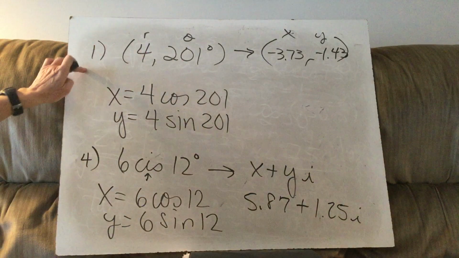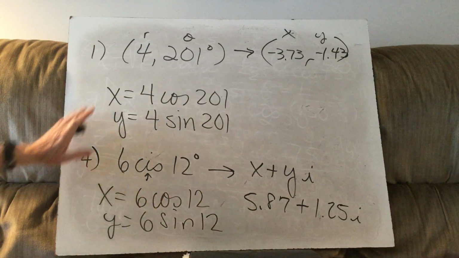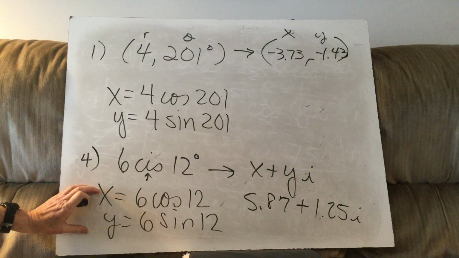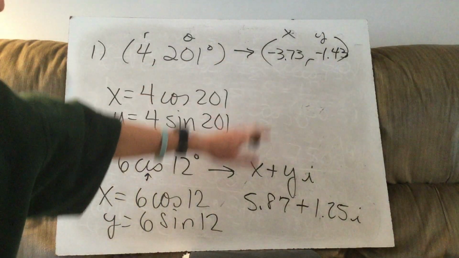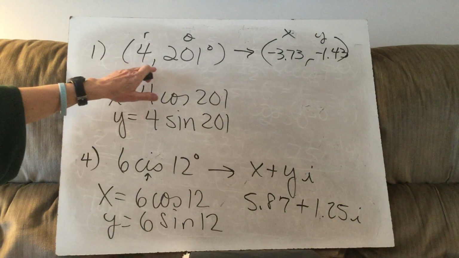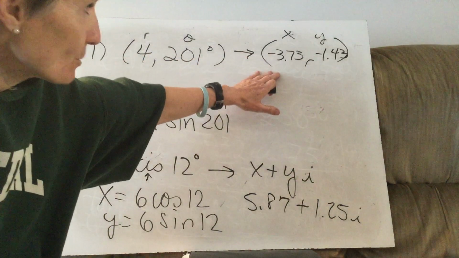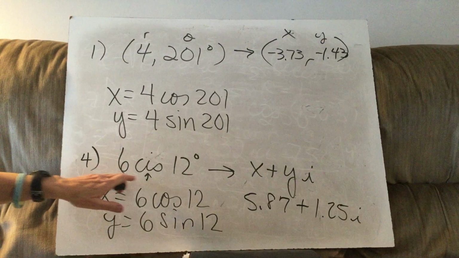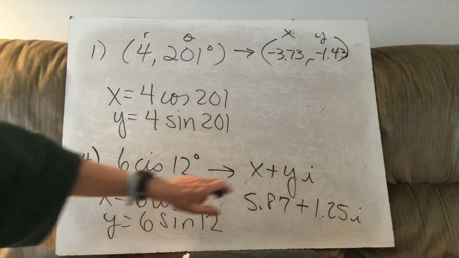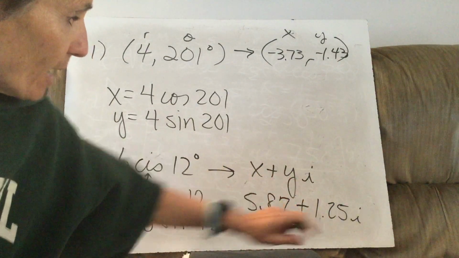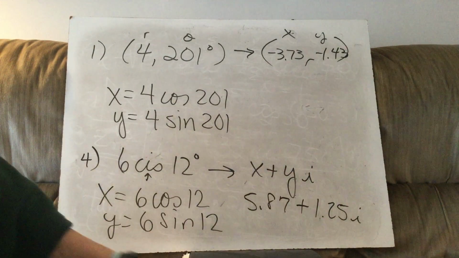So there's number 1 and there's number 4. We did them exactly the same way. The only difference is the way we wrote our answer, and we took our clue from the problem itself. If it's an ordered pair, the answer is an ordered pair. If it's a number with an i in it, the answer is going to be a number with an i in it. Perfect.